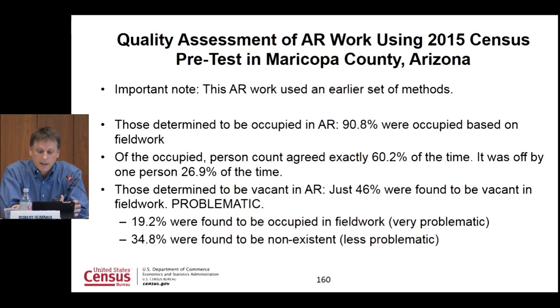Of the occupied, 60% exactly agreed in terms of the person count and was off by one person just 26% of the time. But at the same time, of those determined to be vacant in the administrative records, only 46% were found to be vacant in the field work. So they're saying, okay, vacant in the administrative records, but there were a lot of these households where people actually lived there, or were they found to be non-existent. So this is problematic. This is something that needs to be worked on.